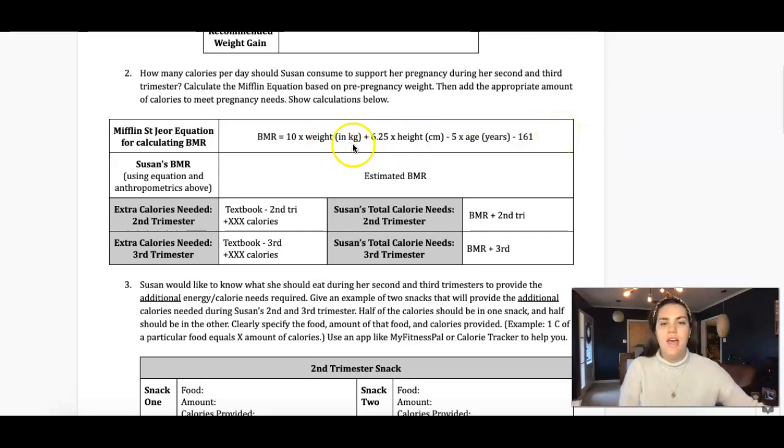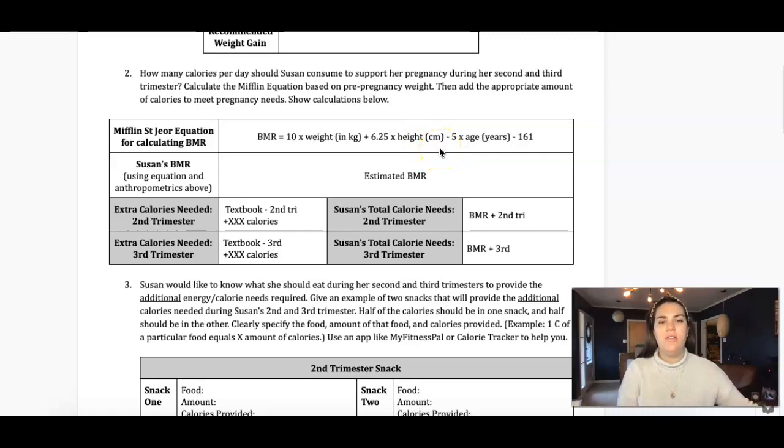So be sure that you are using her weight in kilograms and her height in centimeters. If you mess these up, or if you're using inches and pounds instead, you're not going to get the correct answer here. So be sure that you're using the correct unit for weight and height.